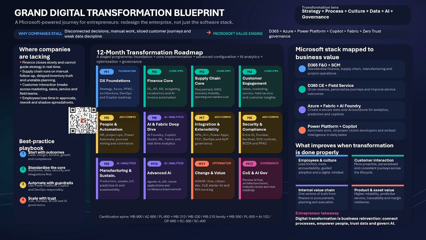We should be in the service of the customer. We'll be using Azure Fabric and AI Foundry to create a secure data and AI backbone for analytics, prediction and Copilot. And we'll be using Power Platform plus Copilot to automate work, empower citizen developers, and embed intelligence in daily tasks.